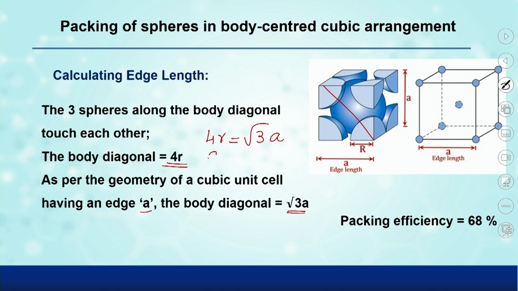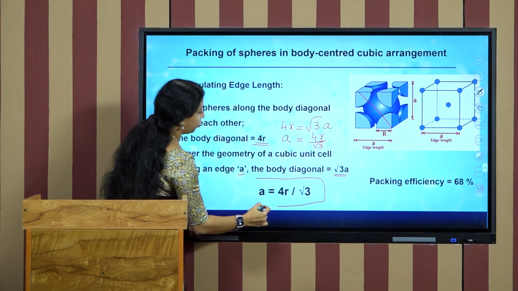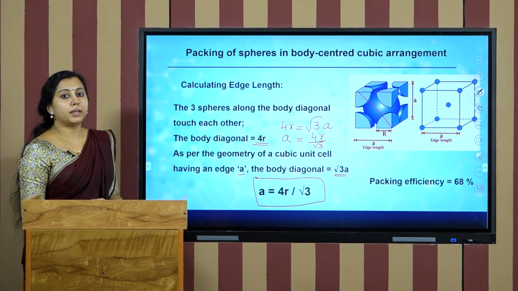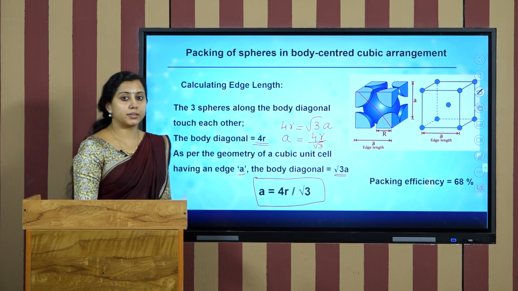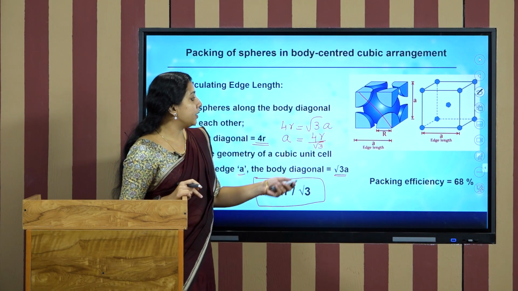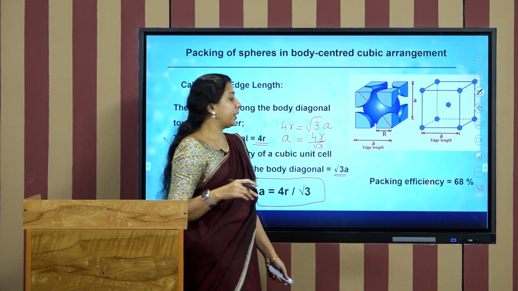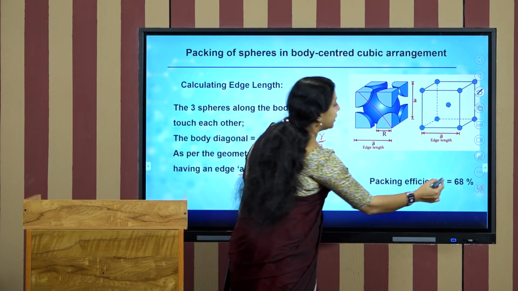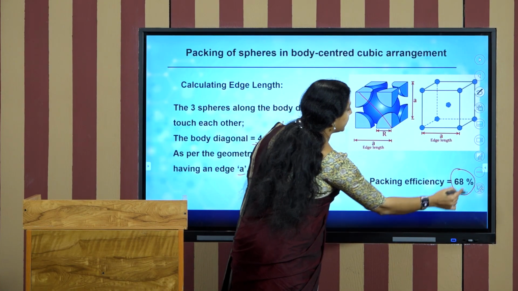So, a is equal to 4r by root 3. You can calculate the edge length according to this equation, where r is the radius of one sphere. And in BCC type arrangement, the packing efficiency is somewhat higher than that in a simple cubic one, and that corresponds to 68%.